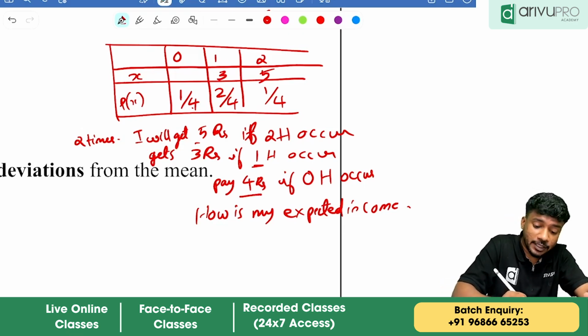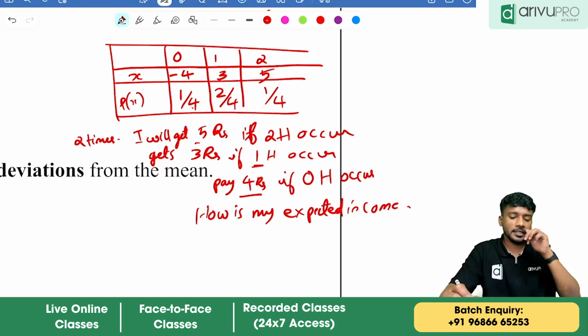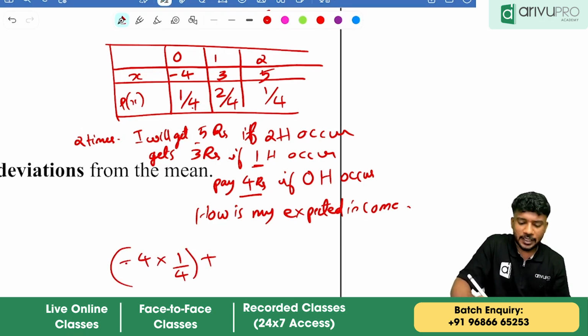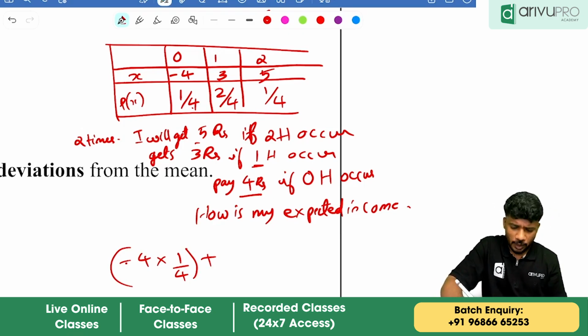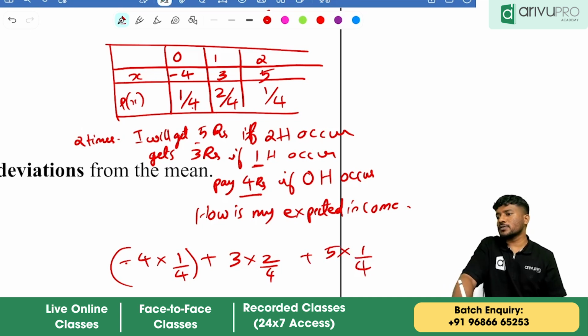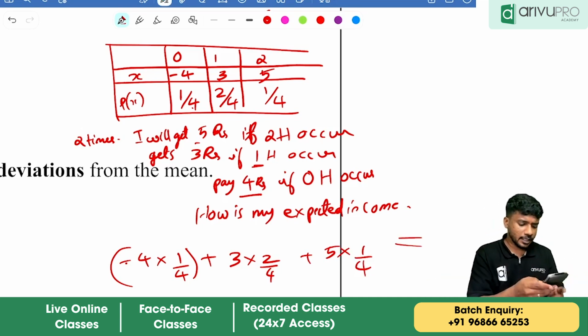That means I need to debit, so minus 4 should be there if 0 heads appear. So the expected income will be minus 4 into 1 by 4 plus 3 into 2 by 4 plus 5 into 1 by 4. This will be your expected income. How much is the expected income? Use the calculator, get me the answer.